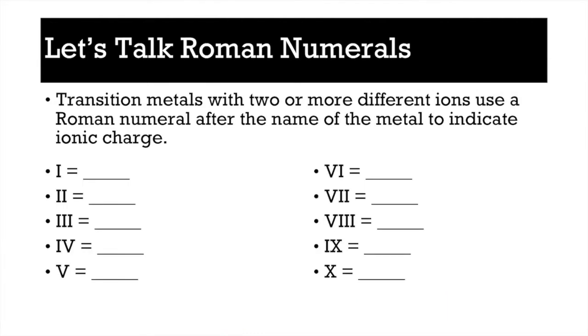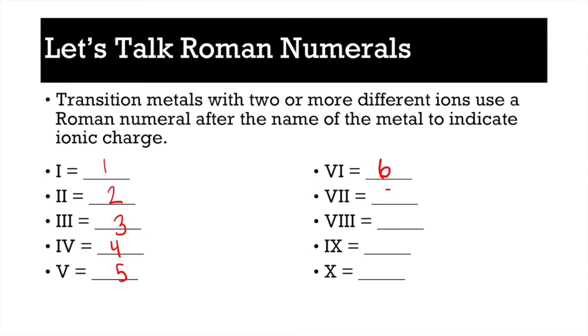So let's keep going. Before we get farther into this, let's take a quick review of Roman numerals. I is 1, II is 2, III is 3, IV is 4, V is 5. You're not going to use all of these numbers, but these are the numbers up to 10.